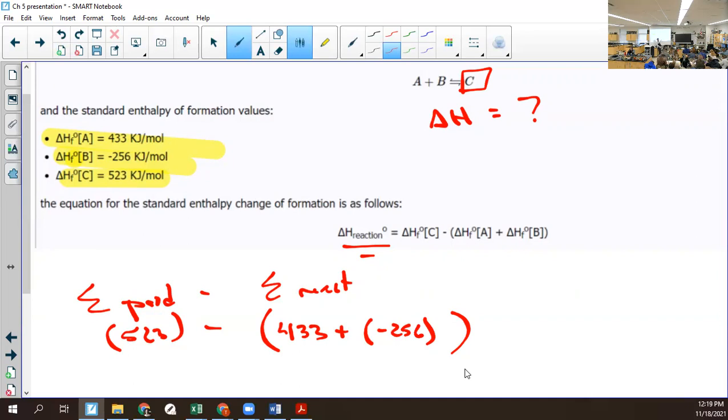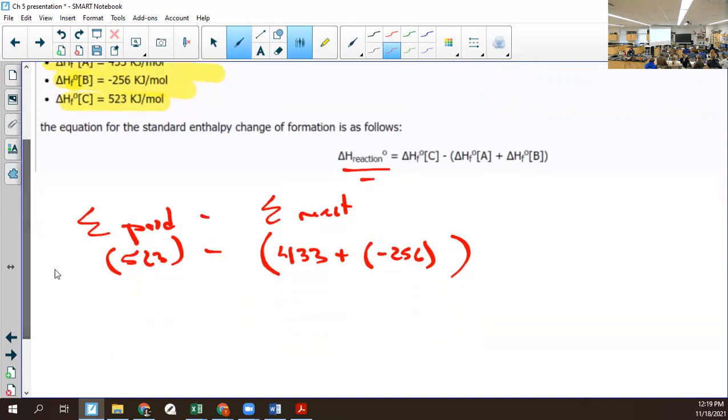But be careful. Does anyone remember a long time ago I said in this chapter, you need to be a good accountant? This is the problem when you get to accounting. You've got to make sure, oh, I'm adding a negative, well, I'm really subtracting. Okay, so math-wise, you do this plus this, and then you subtract that from 523.